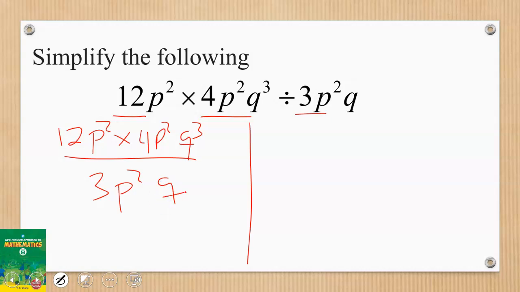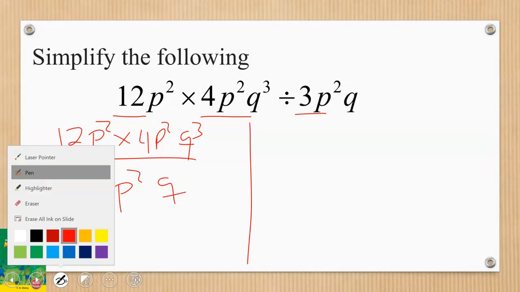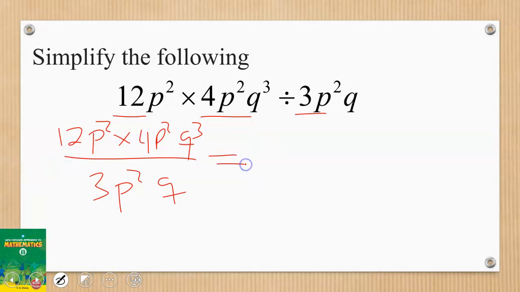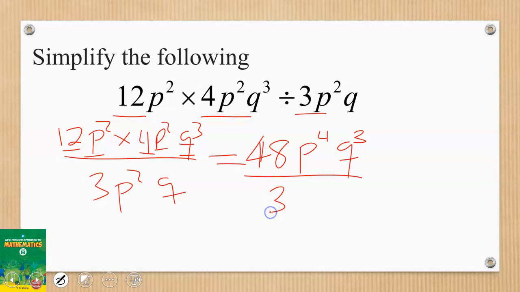So now we can multiply the top, which is 12 times 4, and we know that will give us 48. Then p squared times p squared will give us p to the power 4, and then our q to the power 3, all divided by 3, then p squared, then q.